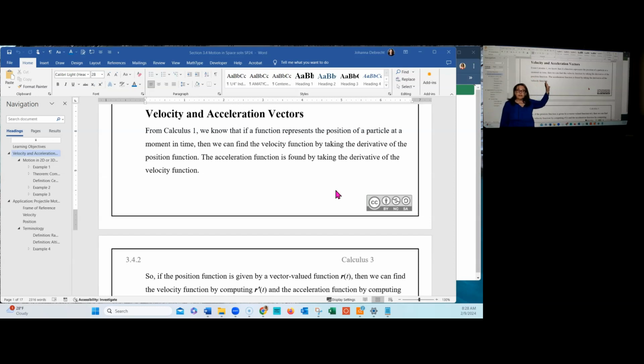And if we want to find the velocity function, we take the derivative of the position function. And if we want to find the acceleration, we take the derivative of velocity or the second derivative of position. In this particular case, we're now moving into 2 and 3 dimensions.